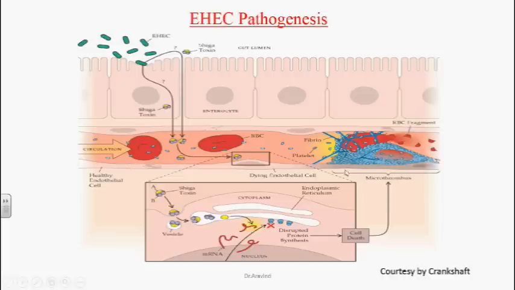This Shiga toxin is more toxic to the renal tissues. Here you can see the Shiga-like toxin enters the cells and disrupts the 28S ribosomes, and by cleaving them, it inhibits protein synthesis. Whenever there is a lack of protein synthesis, ultimately the cells will be destroyed and die.